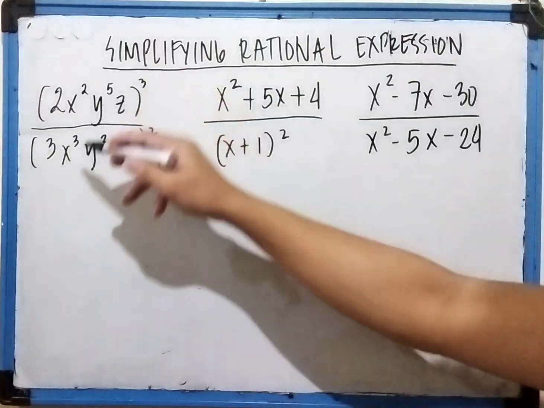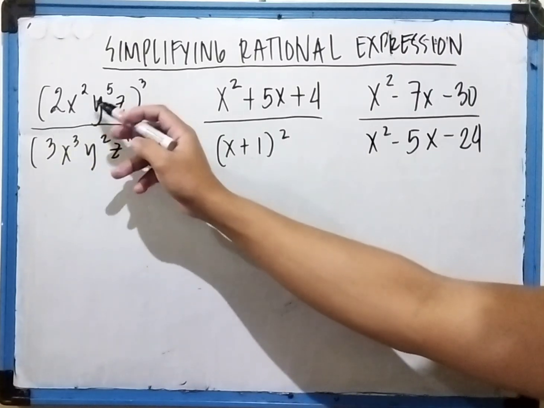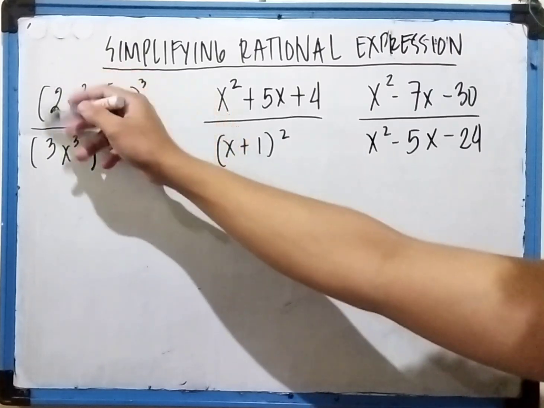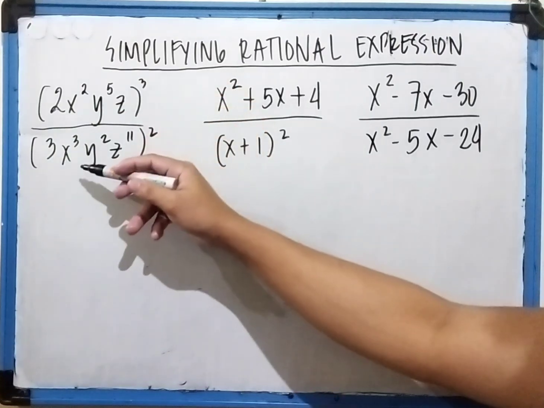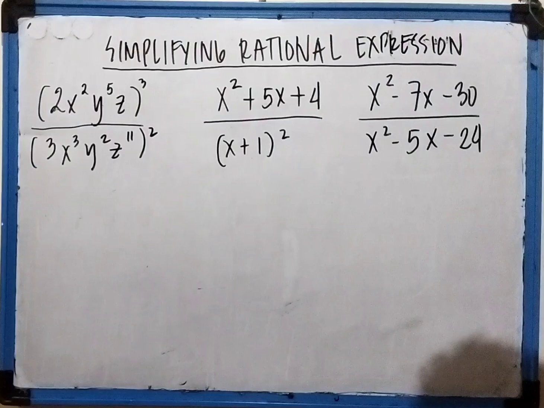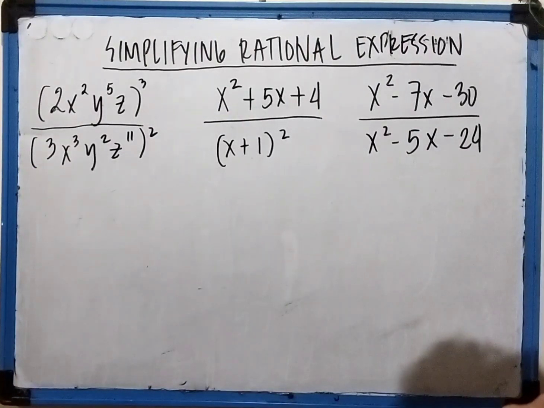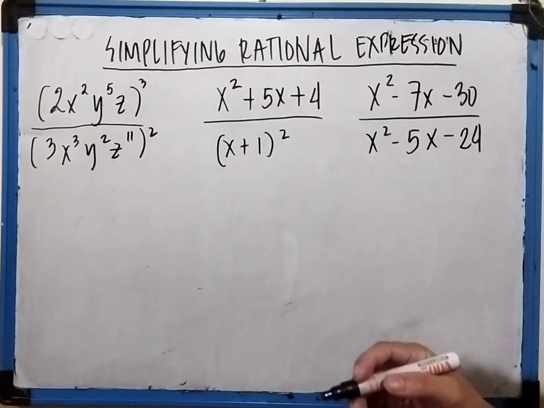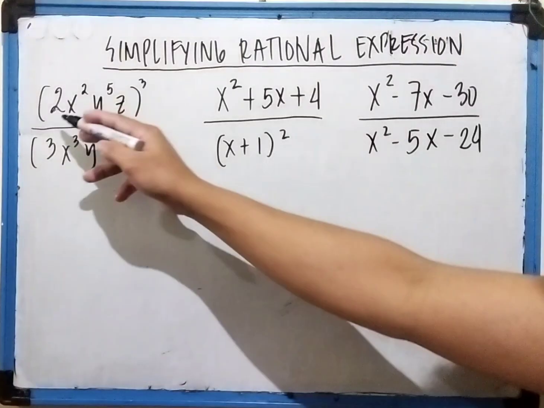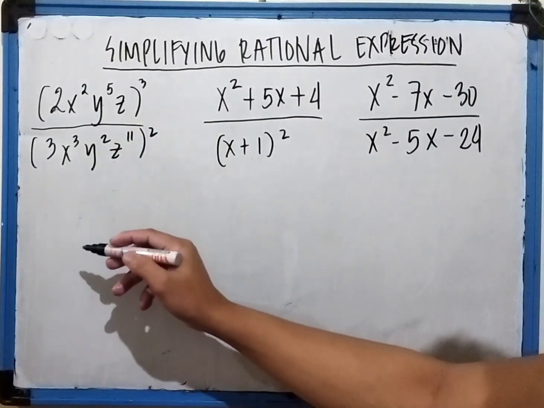So, sa example number 1, halimbawa, kagaya nito, we have 2x squared y raised to 5z and raised to 3. All over, we have 3 x cubed, y squared, and z raised to 11, then that is squared. Okay. Easiest way, guys, is step by step natin siyang simplify, numerator and then the denominator.